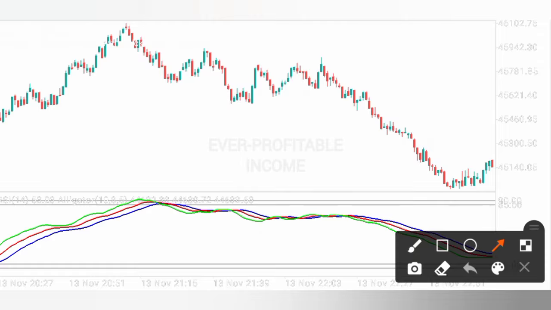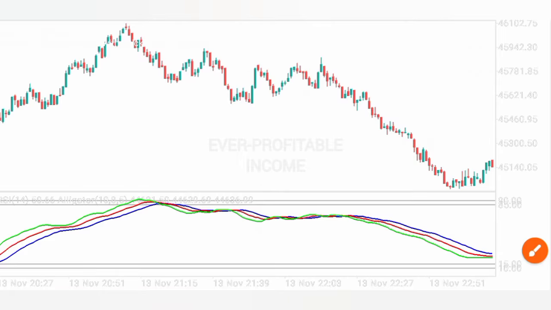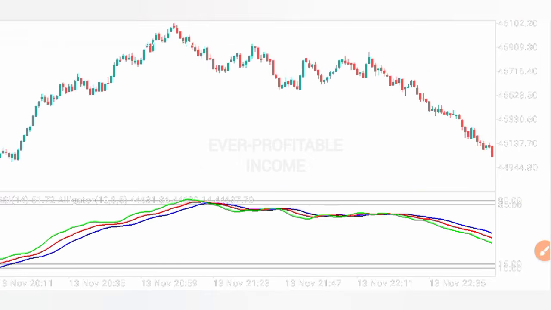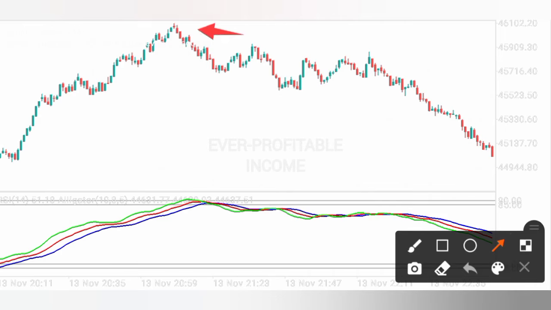Now when this condition has been met right here, you have to check firstly if it occurred at a resistance zone. If it occurred at a resistance zone, you don't just rush into taking a trade. So if you check and it occurred at a resistance zone, the next thing to do is to check right here at that point and see if there is presence of a reversal candlestick.